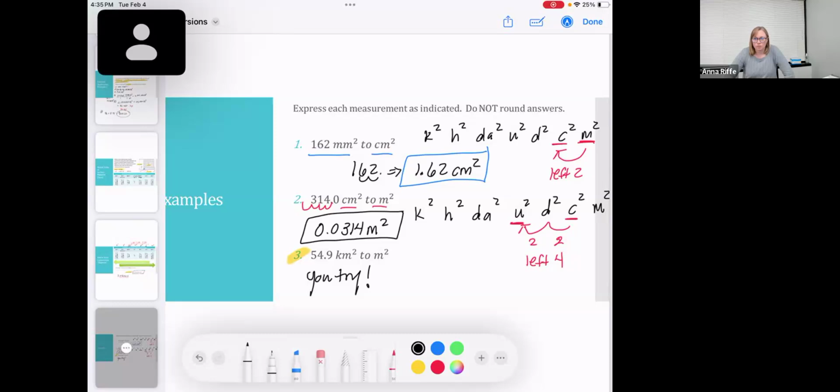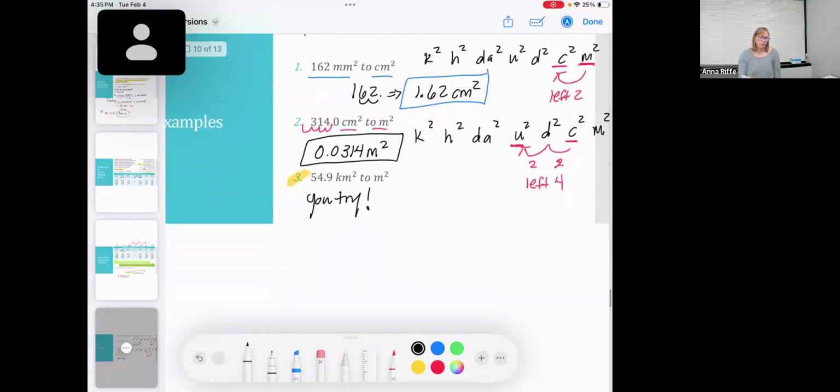Okay. Good. Yep. Yep. Okay, good. You are moving it to the right, as you should be. Great.